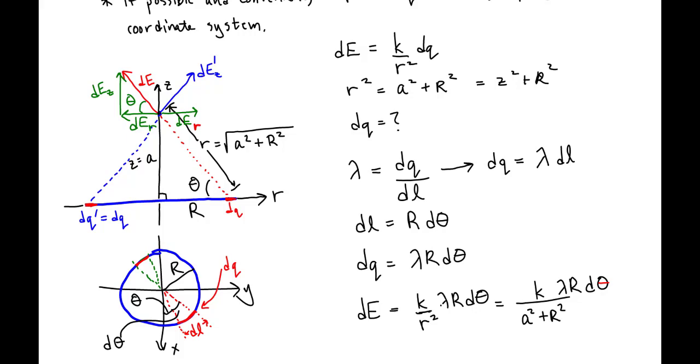So what that means for us, we're not going to have to worry about the radial component of the electric field. The only thing that is left over is the z component of the electric field. And earlier I called this dEz prime for the magnitude of the electric field due to the mirror charge. I really should have called that just dE prime. And I just drew the vertical component of the electric field due to that mirror charge element. And this is what I meant to call dEz prime.